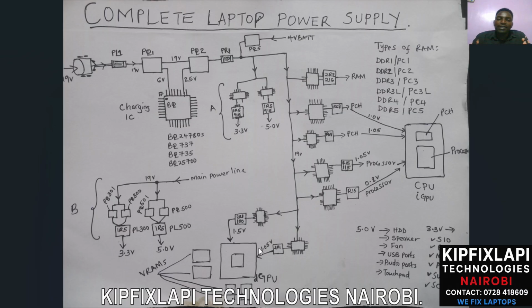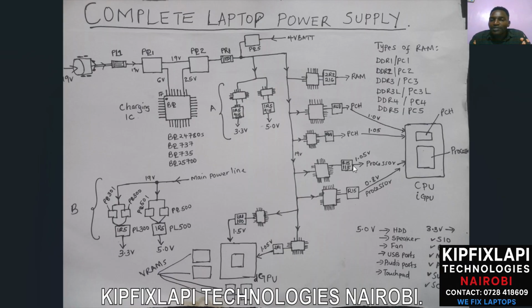From there, the same case applies to the dedicated GPU. This is the dedicated GPU. You can see there's more than one circuit going in. Even these coils are the same. So this coil is 2R1, 2R1. So it should have been 2R1 100, 2R1 100. It means these are inductors which apply the same voltage towards one component, or they are related.